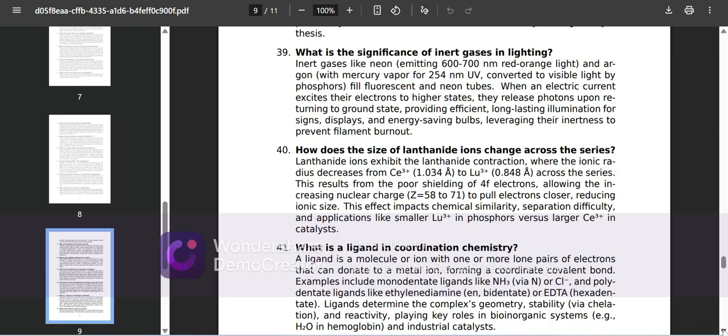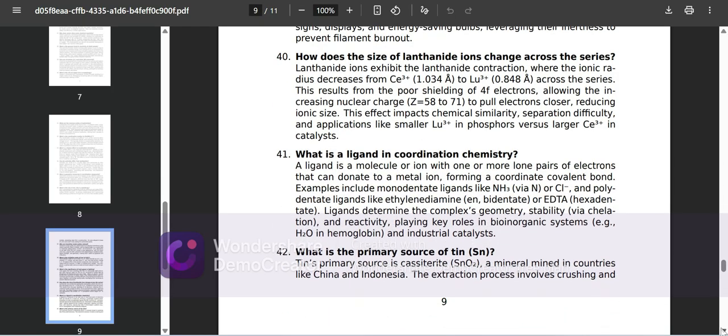They release photons upon returning to ground states, providing efficient, long-lasting illumination for sign displays and energy saving bulbs, leveraging their inertness to prevent filament burnout.